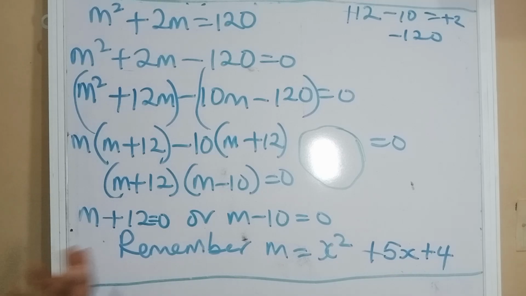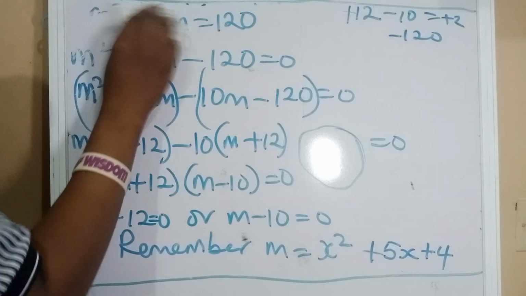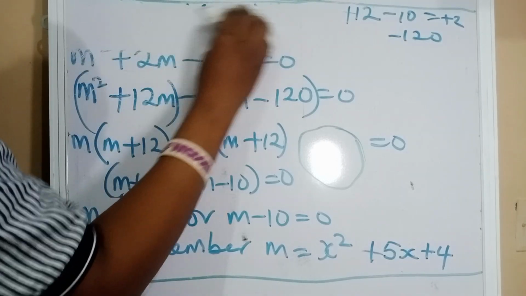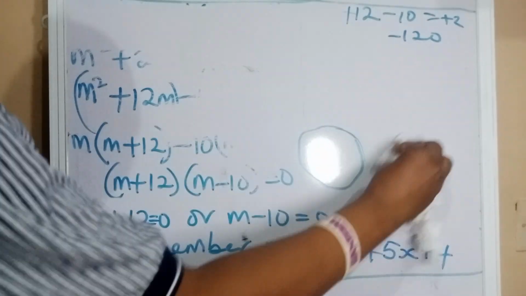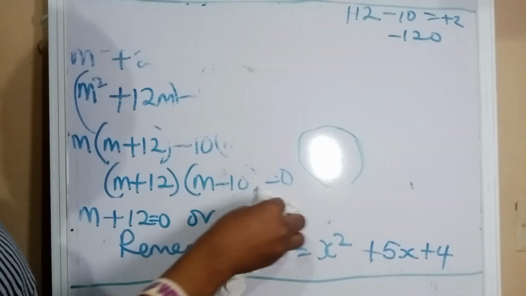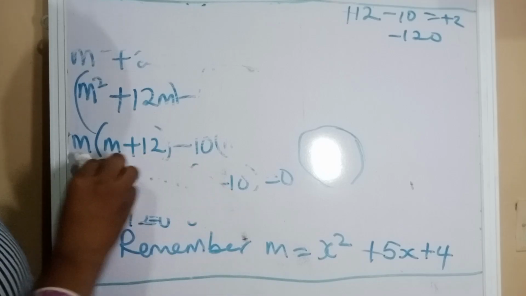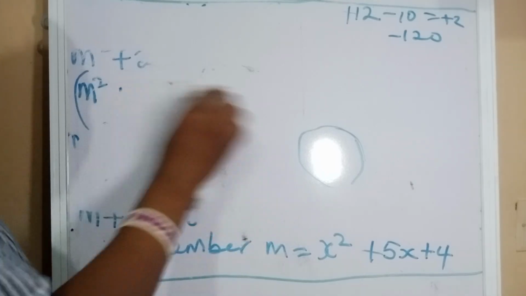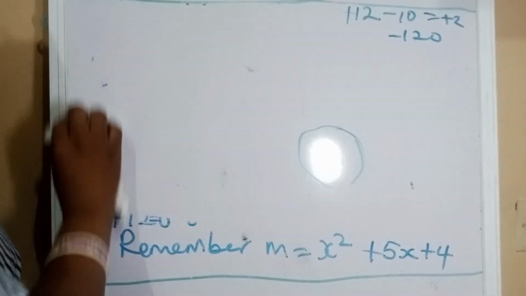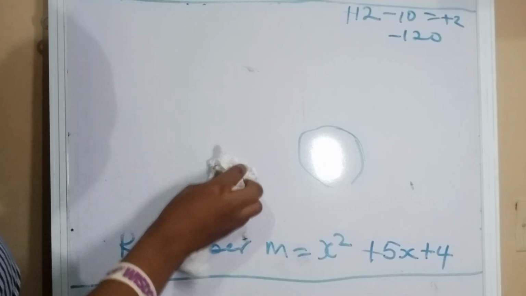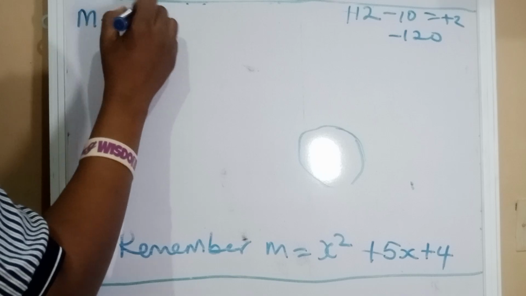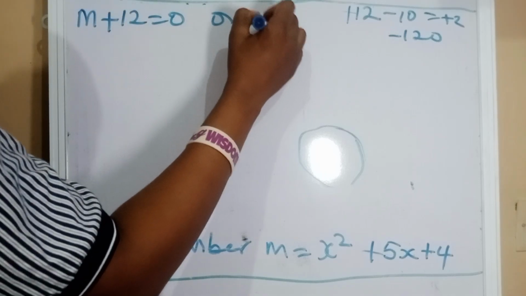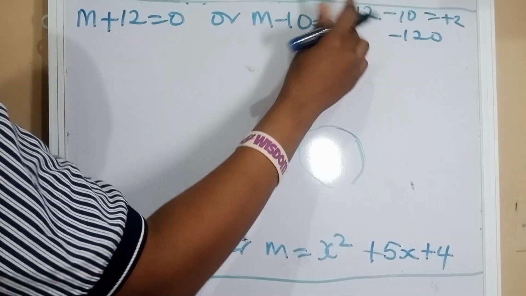So we're going to substitute that into these values, okay? So let's wipe. So m plus 12 equal to 0, or m minus 10 equal to 0.